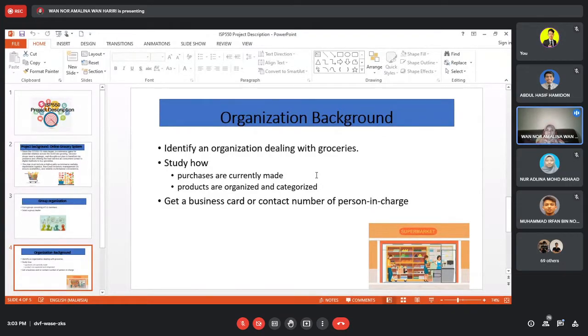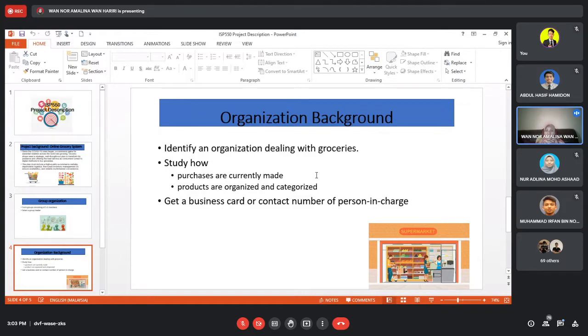On top of that, we can also categorize soap as, I don't know what kinds of categorization, okay, non-food. Okay, rice is under food. You should be studying the organization of your concern on how they categorize the products.